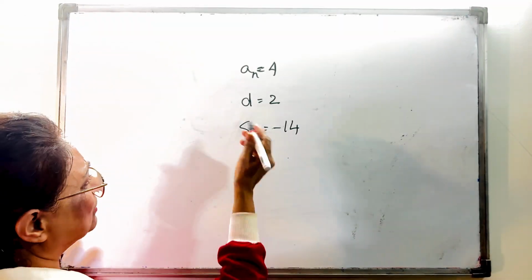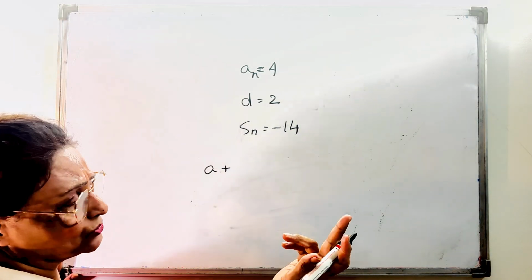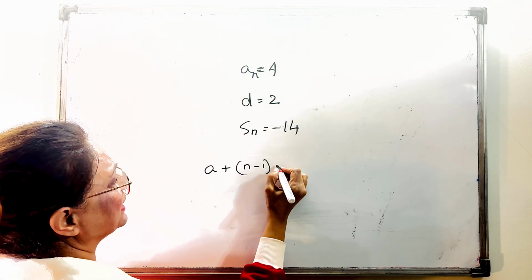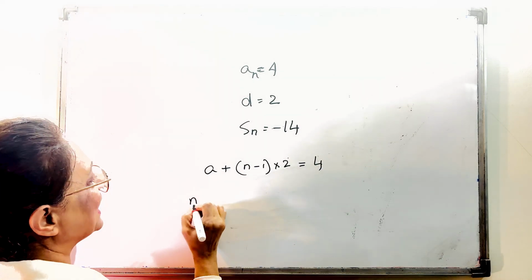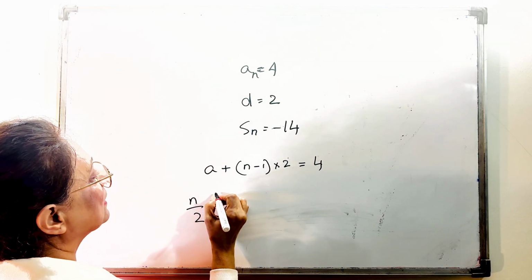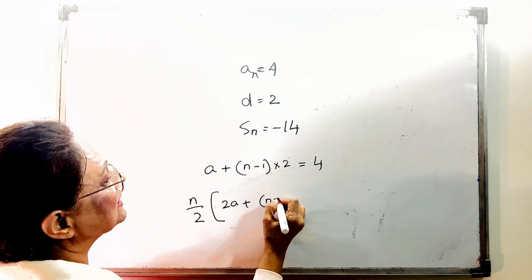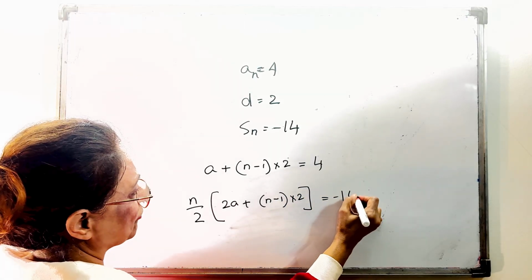So just write down the formulas, see, two unknowns, right? Make two equations. A plus n minus 1 into 2, this is given to be 4. Then n by 2 times 2a plus n minus 1 into d, this is given to be minus 14.